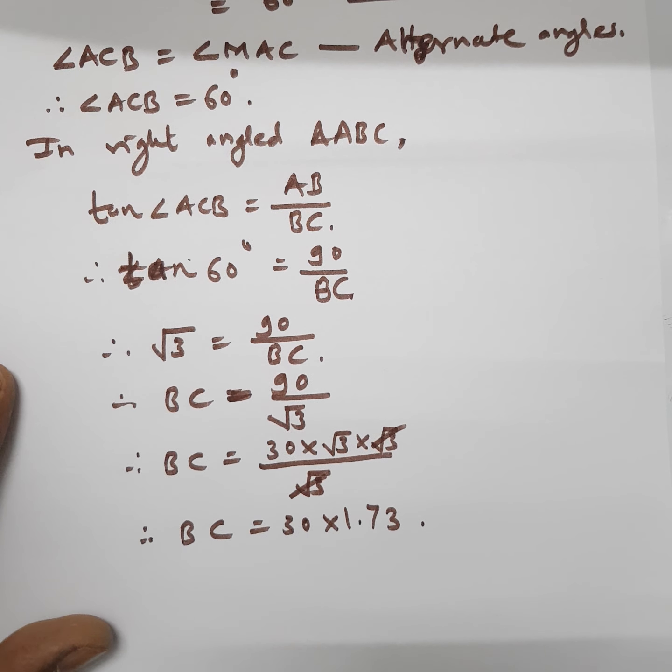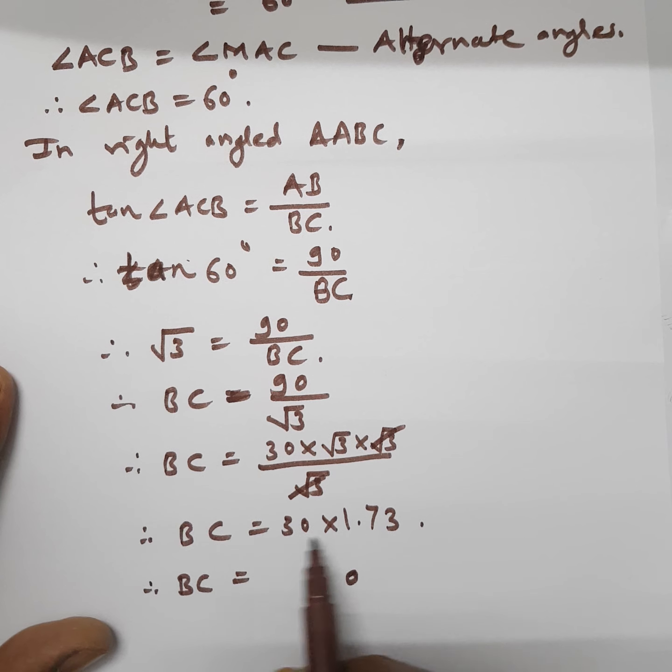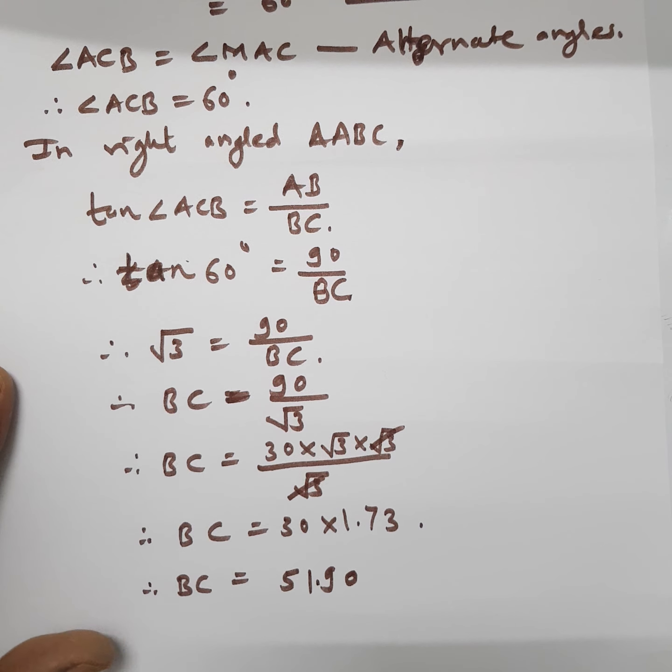Therefore, BC is equal to 30 into 1.73. Here, if we multiply 1.73 by 30, then it will be first 0 as it is, 3 3s are 9, 3 7s are 21, 3 1s are 3 plus 2, that is 5, and decimal will be after 2 digits.